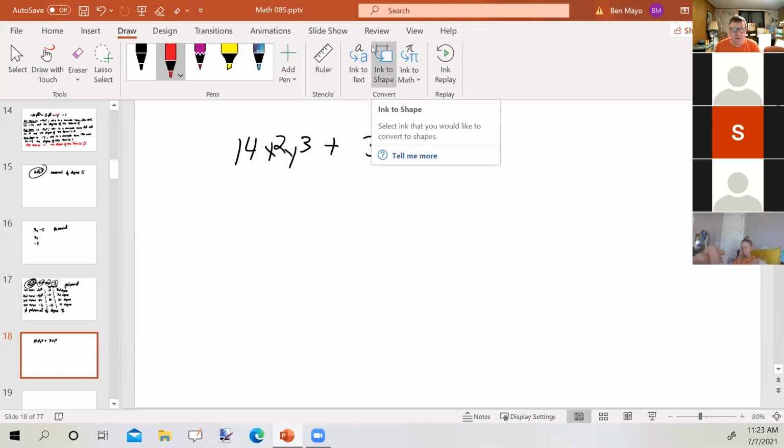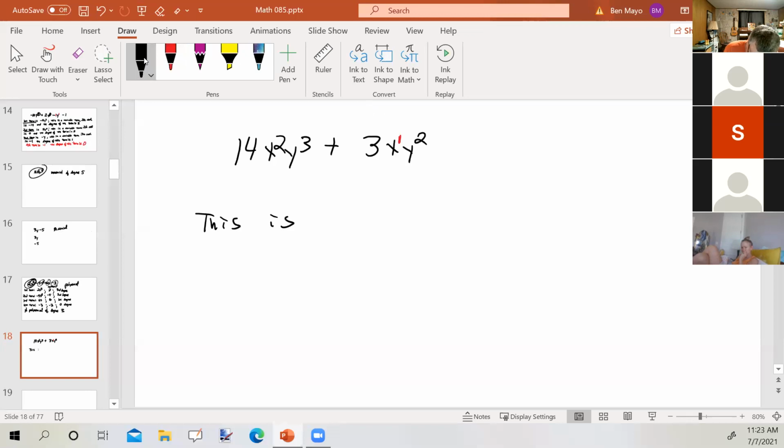Now, what is the degree of the entire binomial? It's equal to the degree of the highest powered term, which is 5. So this is a binomial of degree 5, or you could say it's a 5th degree binomial. Okay, any questions on that?